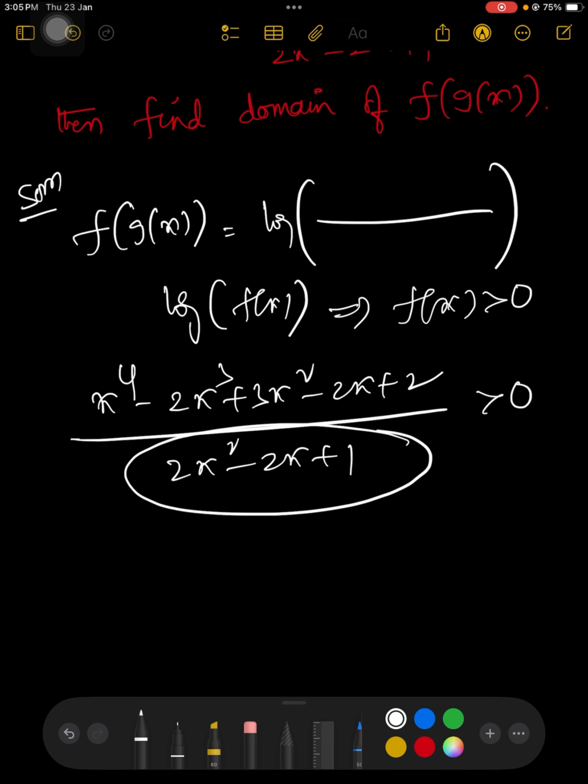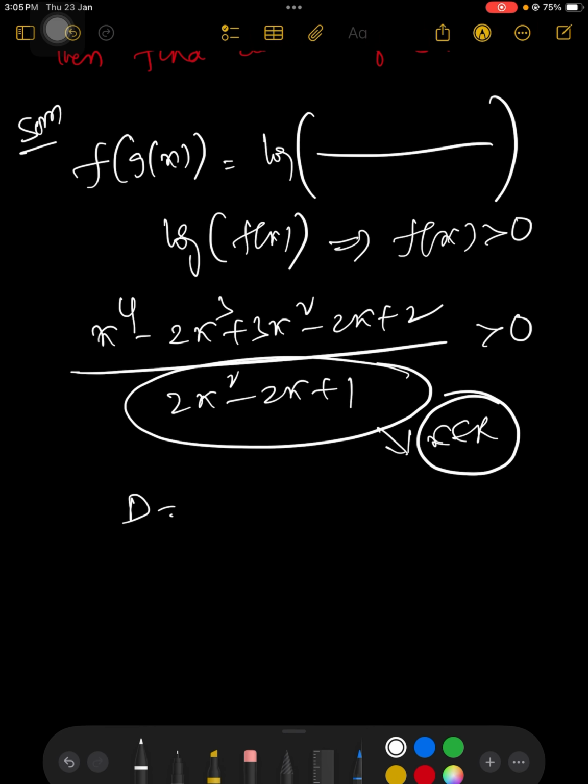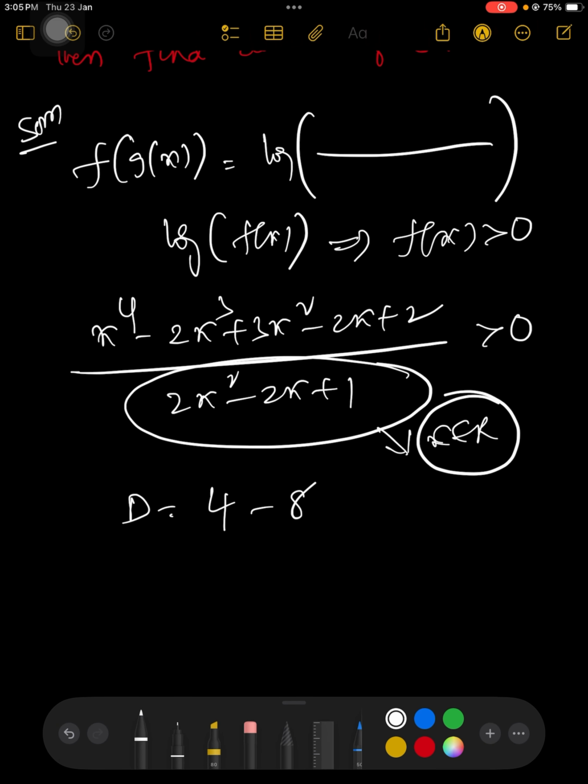If you observe this, it will be positive for every x, belonging to R, because here the discriminant b square minus 4ac is 4 minus 8, that is, the discriminant is less than 0. In case the discriminant is less than 0, the curve completely lies above the x-axis, so y is always positive. So this is always positive for every real number.